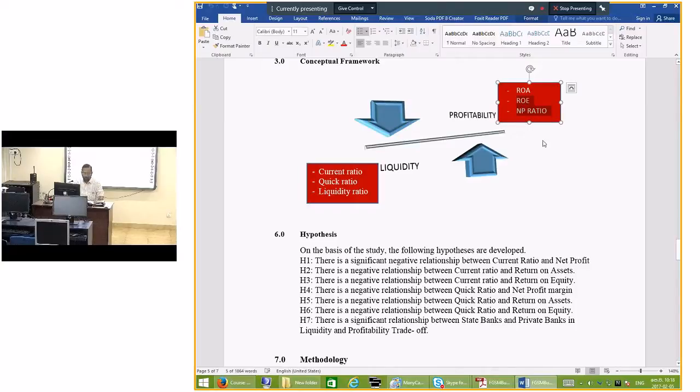If you check simple regression, just ignore the other two and take ROA as the profitability. That is very simple. Then current ratio and ROA, quick ratio and ROA, liquid ratio and ROA: three hypotheses.